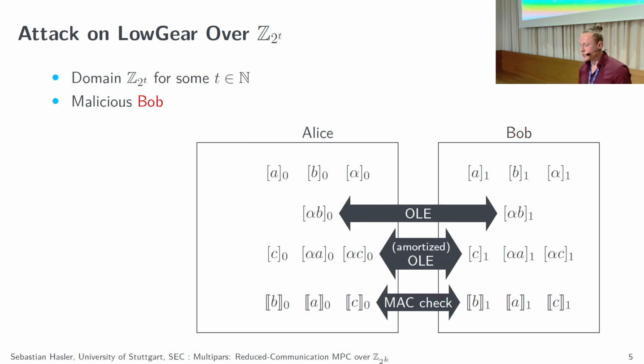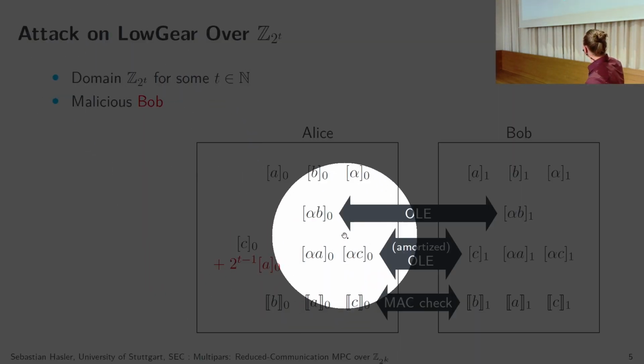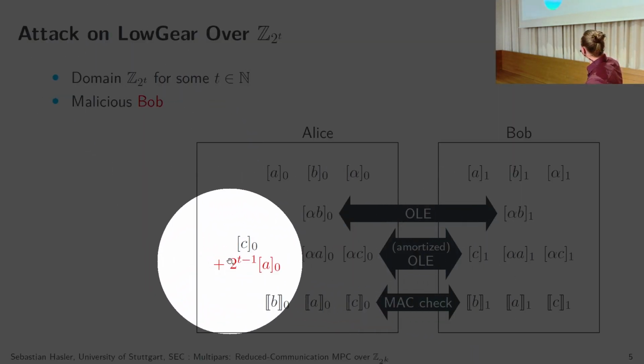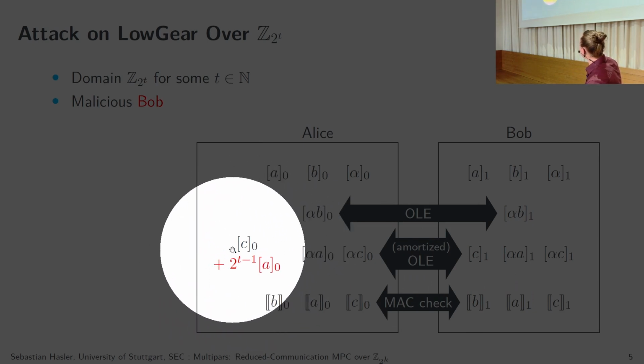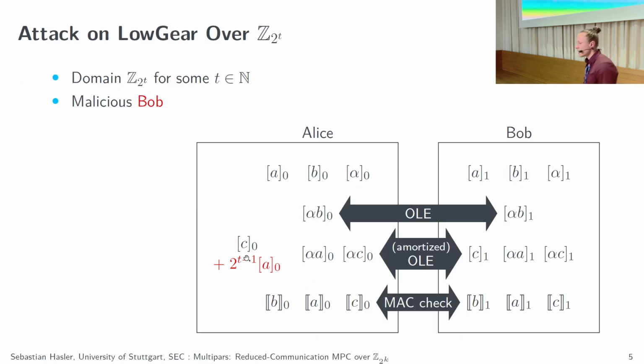So what does this attack actually now mean in our LowGear protocol? If we add this factor of 2^(t-1) times A, let's say the adversary, Bob, runs this attack on the ciphertext sent back here, which basically gives the share C_0 at Alice.